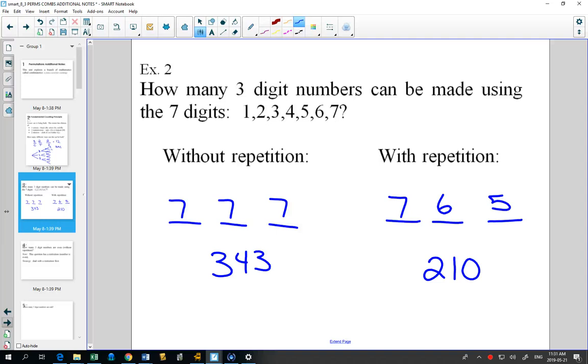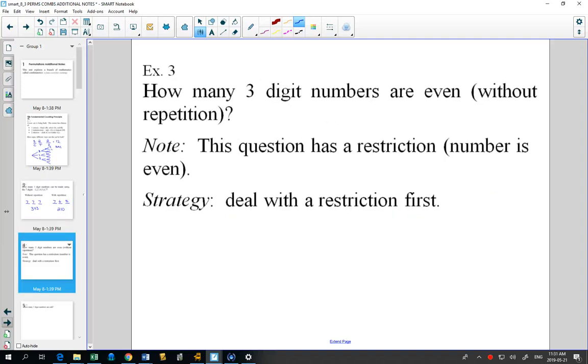Now in example 3 and 4, we're still going to use the numbers 1 to 7. How many 3-digit numbers are even, and you're not allowed to repeat the numbers? And this is our first example that's going to have a restriction.